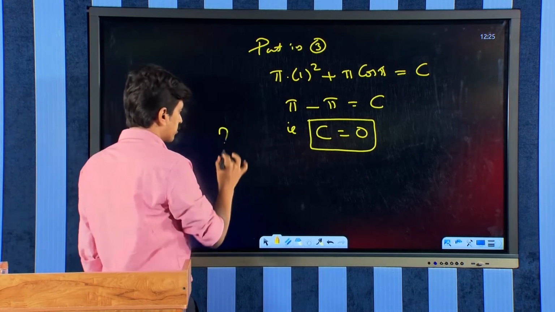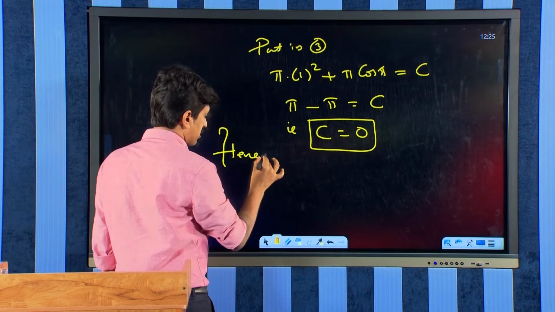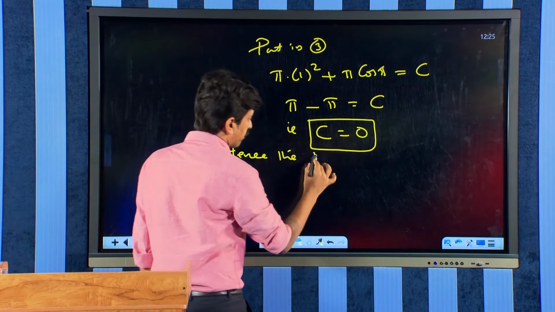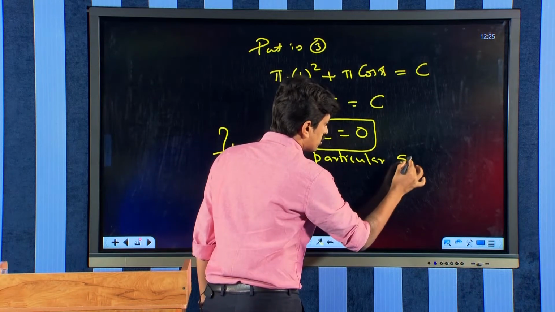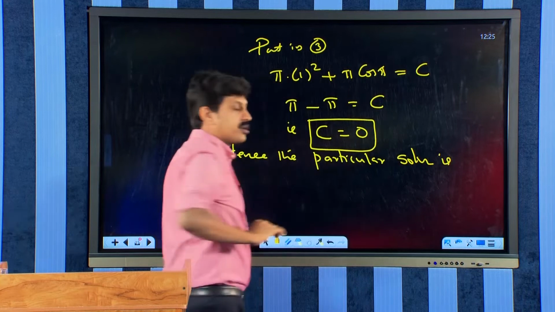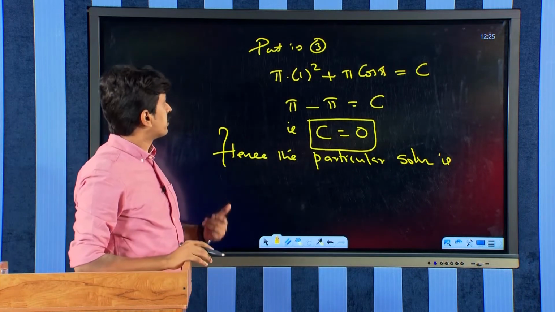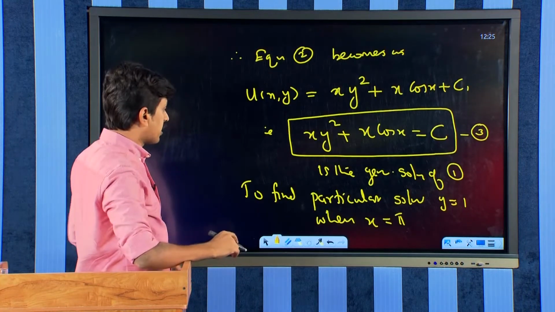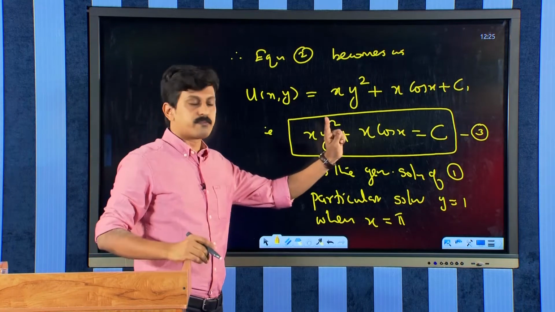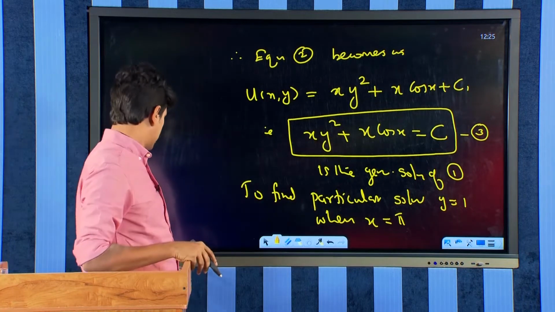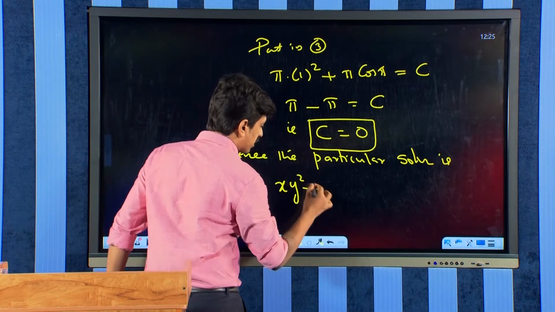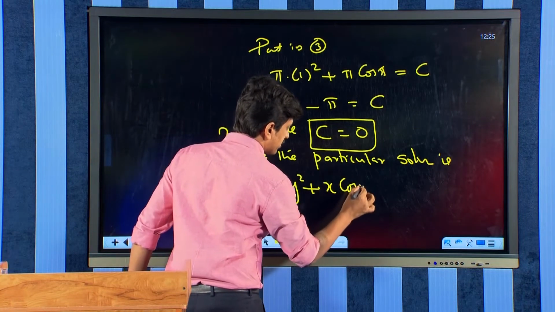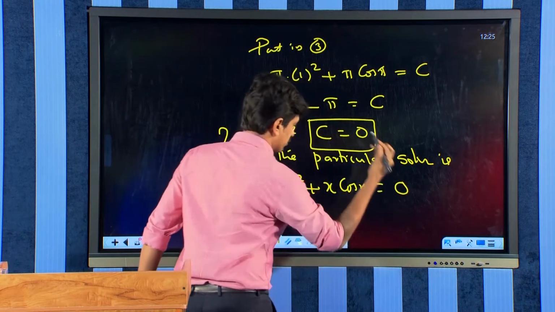Hence, the particular solution is x y square plus x cos x is equal to 0, with the value of C equal to 0.